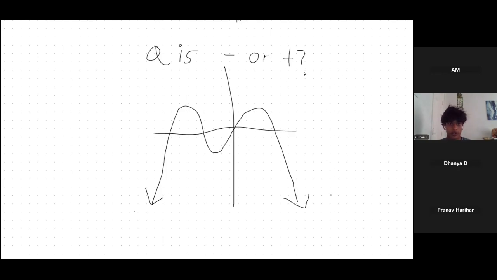Or if both y's are approaching infinity, then it's also even, right? The only case where it's odd is when one is negative infinity and the other is infinity, or vice versa. So therefore, we know it's an even function, and we know that even functions only go to negative infinity when a is negative. So we found out that the a value, the leading coefficient, is negative.